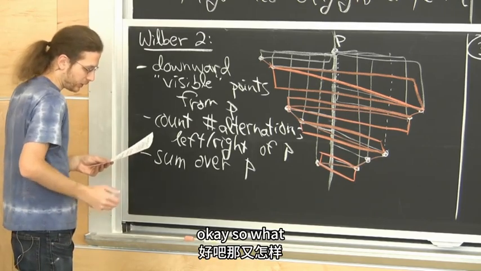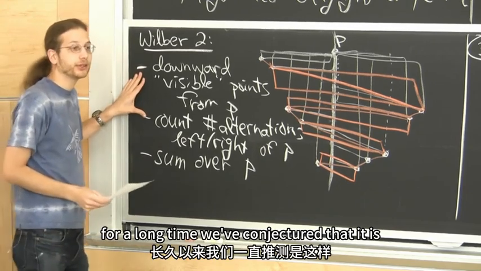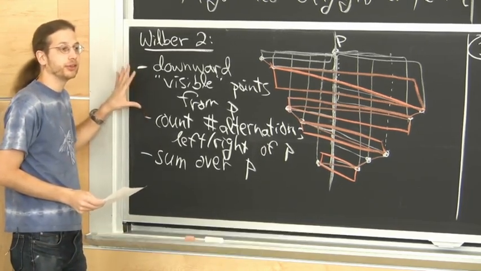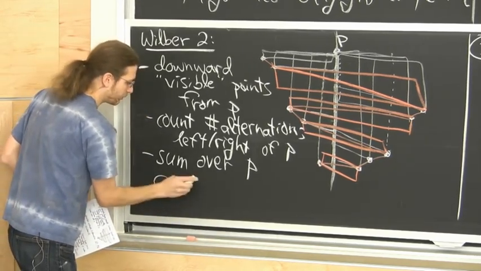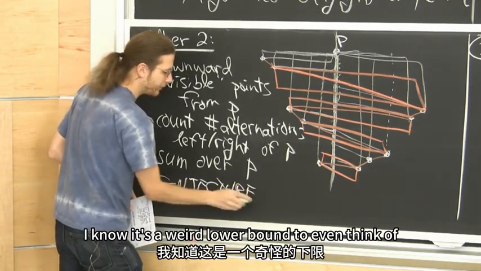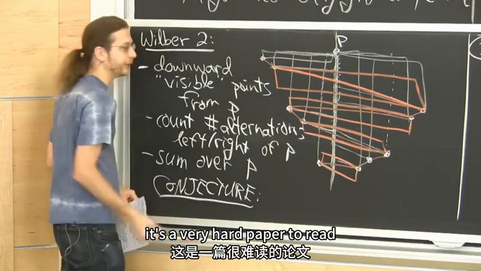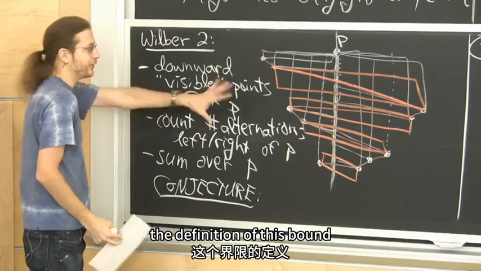Okay, so what? Wilbur 2 is quite interesting. For a long time, we've conjectured that it is the right answer. So, conjecture. I know it's a weird lower bound to even think of. It's a very hard paper to read. Without the geometric view, it's even harder to imagine the definition of this bound.